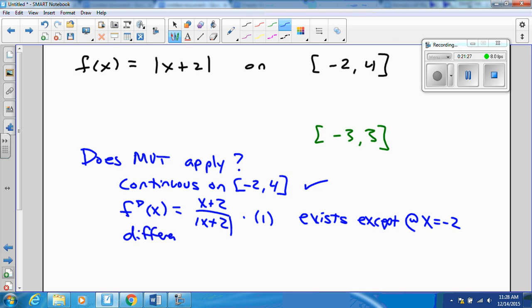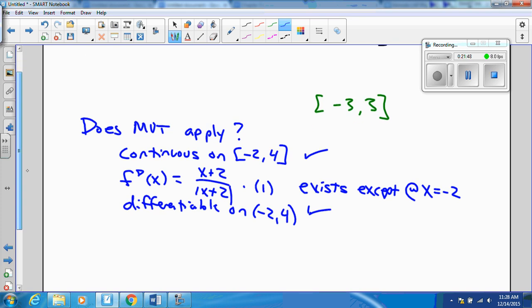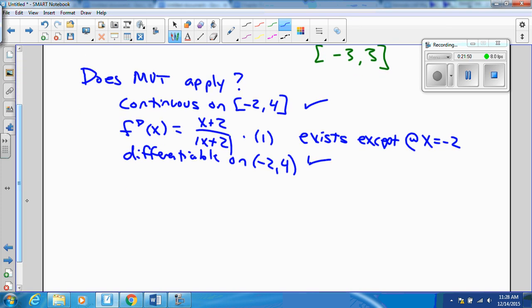Good? Okay. Well, now watch this question. It's really slippery. Am I differentiable on the open interval negative 2 to 4? Yes, because my point of non-differentiability is right there at the endpoint, which I don't have to worry about. So the answer here is yes.